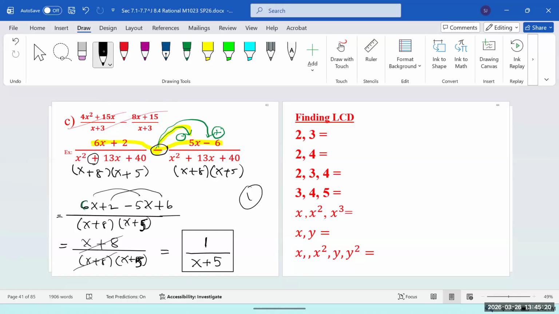Now LCD sounds hard, but it's actually easy if you remember one thing. Try dividing the bigger term by the smaller term.